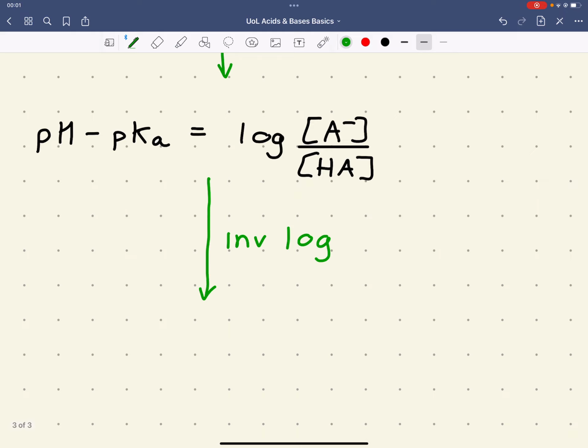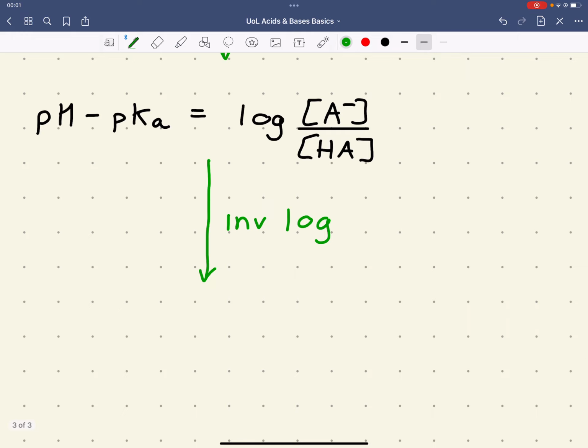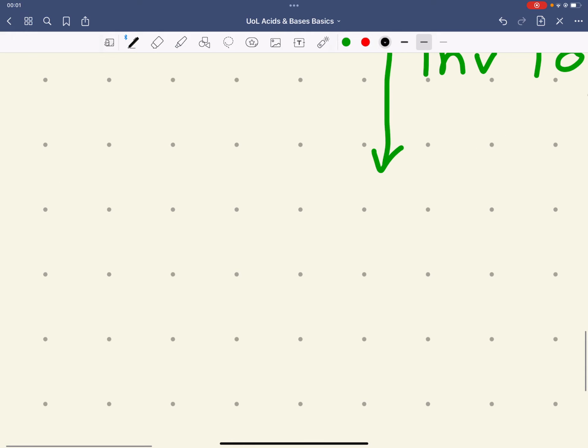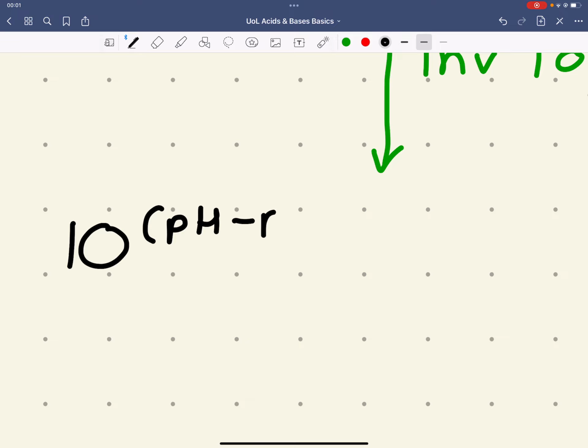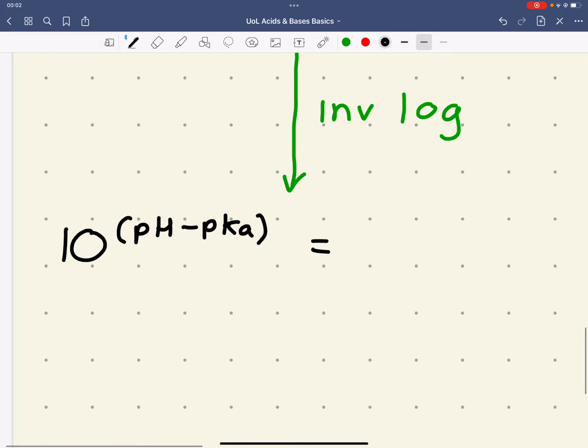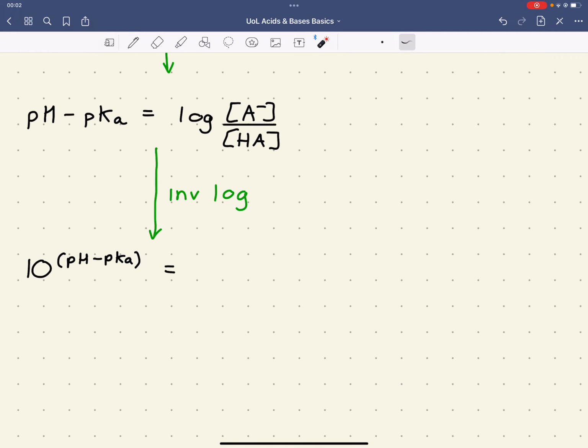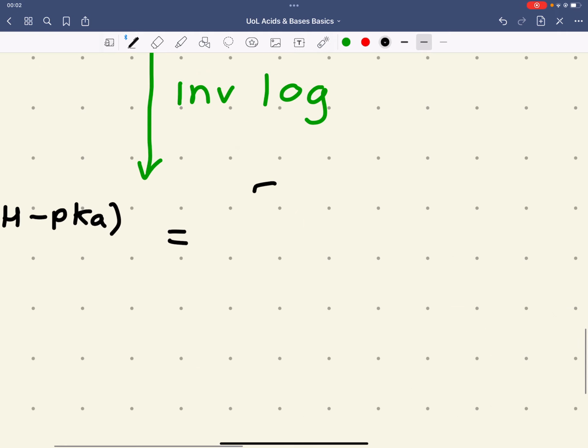So I'm going to inverse log this. So that will give me 10 to the pH minus pKa. That equals, if I inverse log this side, I simply get rid of that log term. And that then will give me concentration of A minus over the concentration of HA.